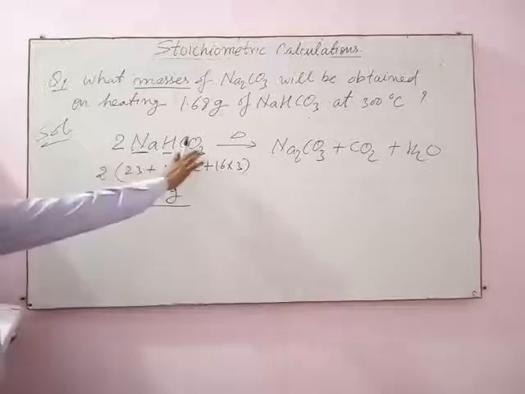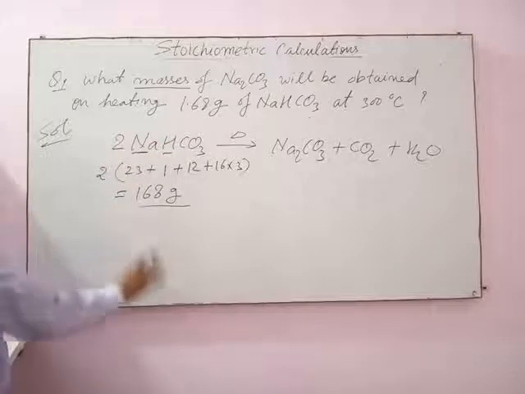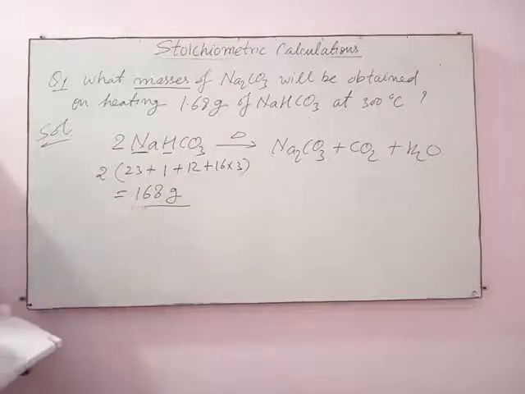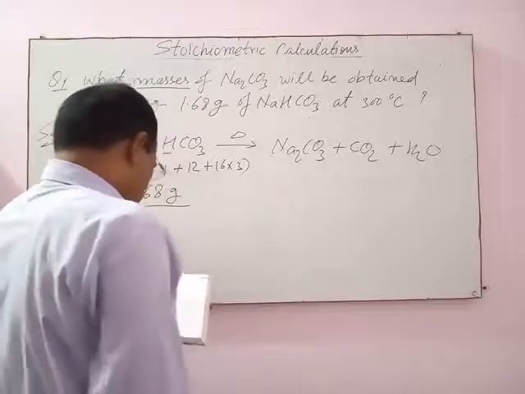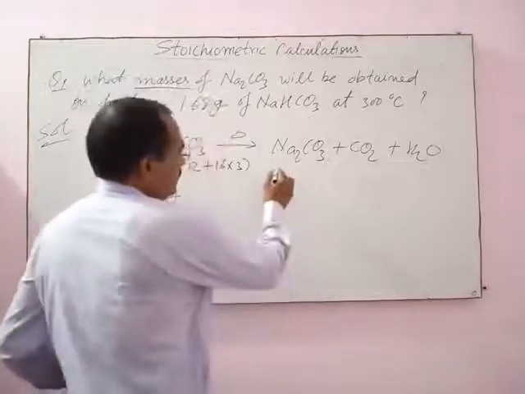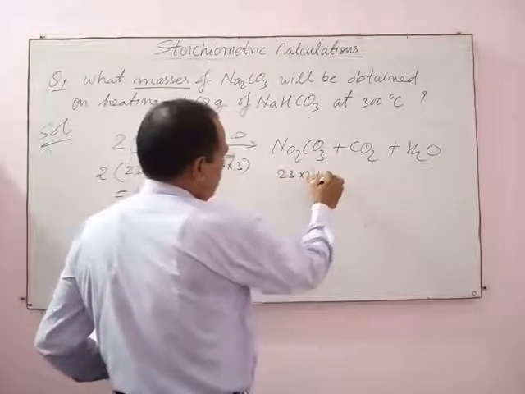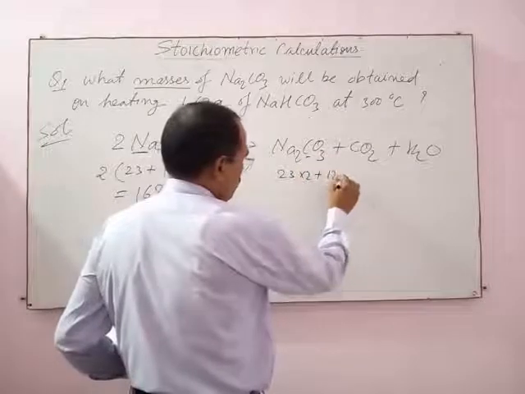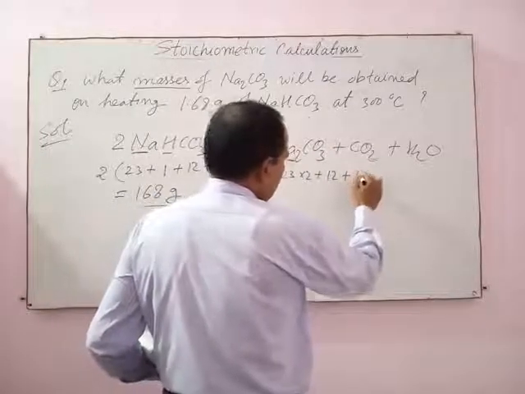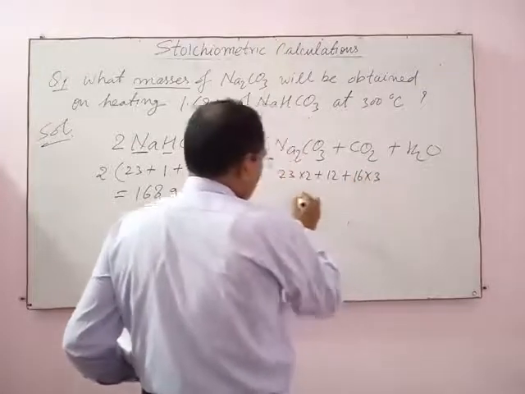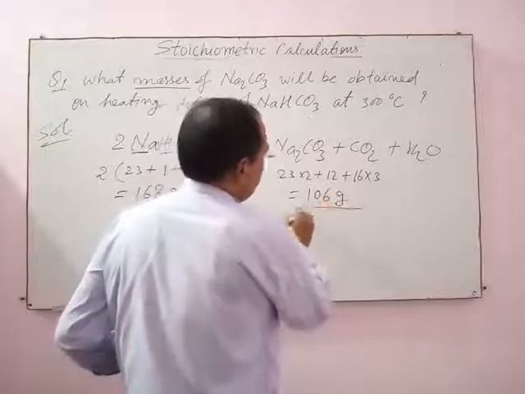Mass of 2 molecules of sodium bicarbonate is equal to 168 grams. And for sodium carbonate, atomic mass of sodium is 23 multiplied by 2, plus atomic mass of carbon 12, plus atomic mass of oxygen 16 multiplied by 3, and this is equal to 106 grams.